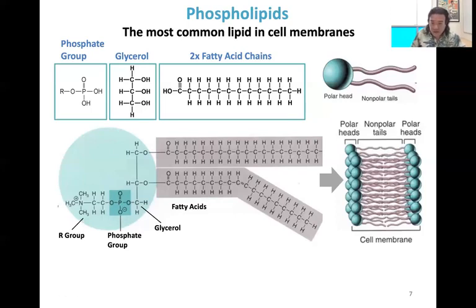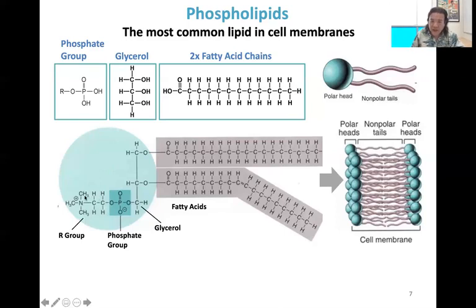In this particular case, the structure that you see here with these 2 carbons and then this nitrogen with the 3 methyl groups around it, this R group is choline. Together that makes this a phosphocholine. This is the most common type of phospholipid that you would find making up the walls of your cells.